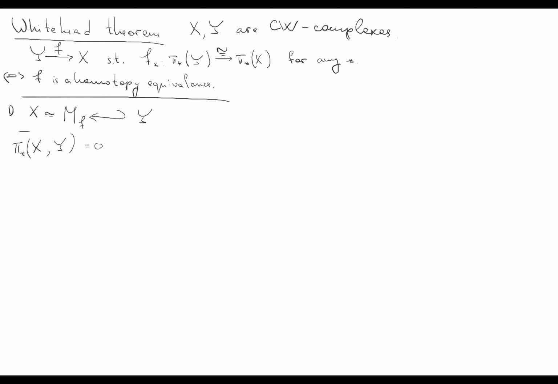And the claim is that if we have such a pair, then X is homotopy equivalent to Y. Namely, in this case we have a deformation retraction from X to Y. Okay. Is my modification clear?